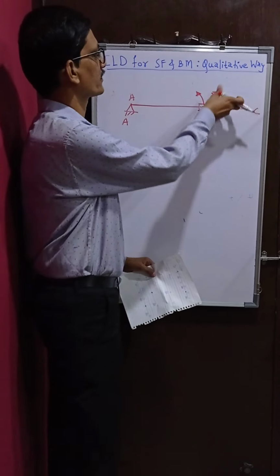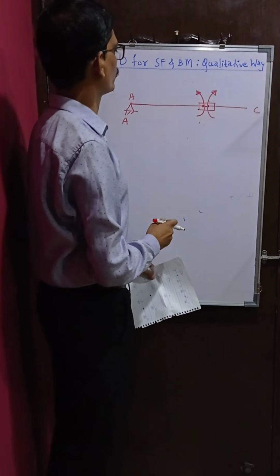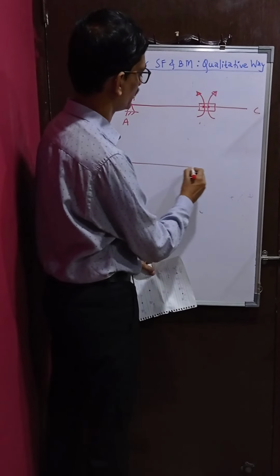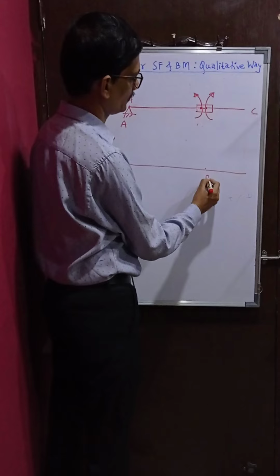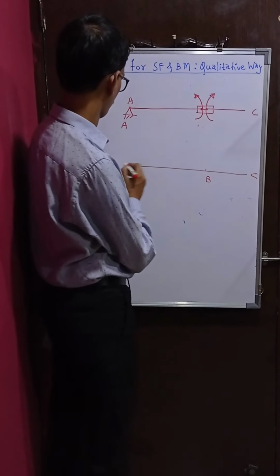So apply rotations like this and try to see what shape the beam takes. So this was our B. So this is B, this is C, this is A.